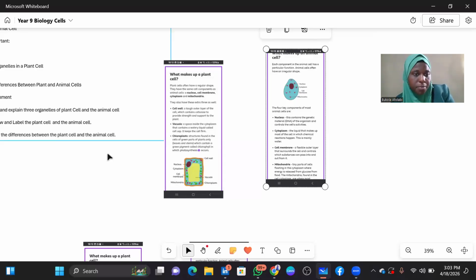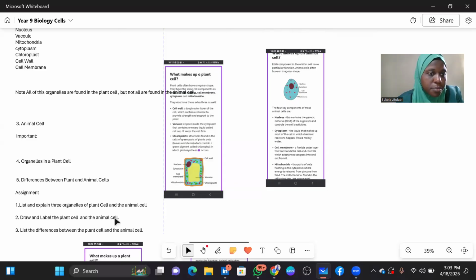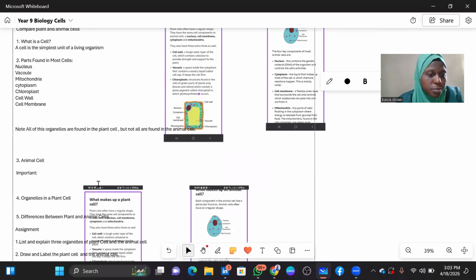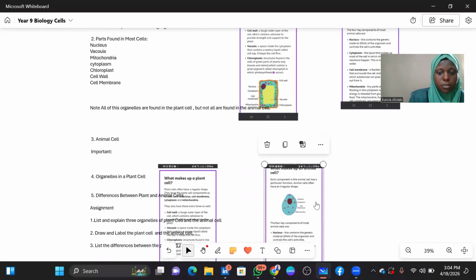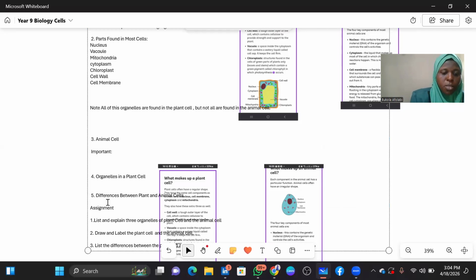So with this, that takes us to the differences between the plant cell and the animal cell.